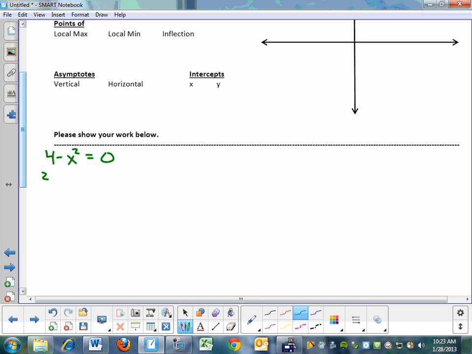You could factor that to be (2 minus x) times (2 plus x). So you would have a 2 and a -2. So we have vertical asymptotes of x equals +2 and x equals -2. I'm going to wait to sketch that until I get a little bit more knowledge of my other points here.